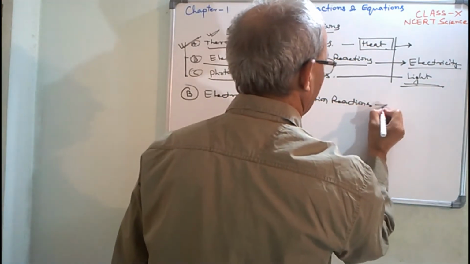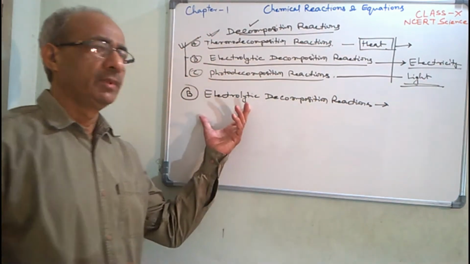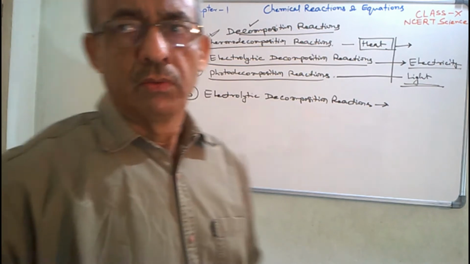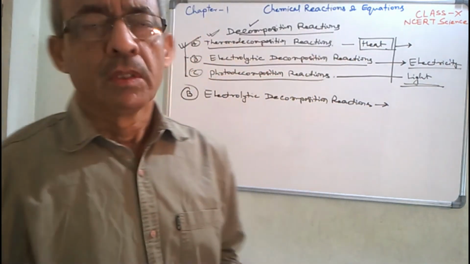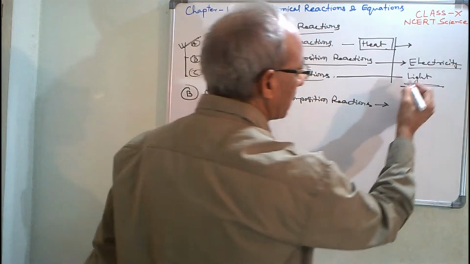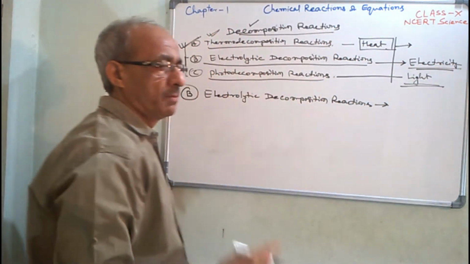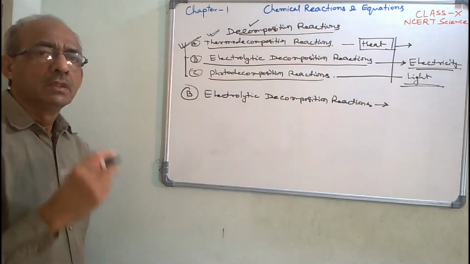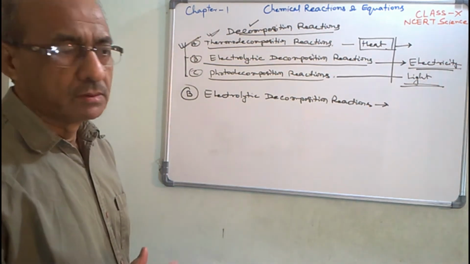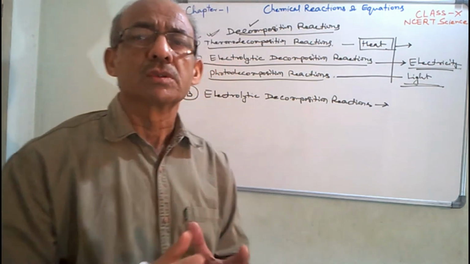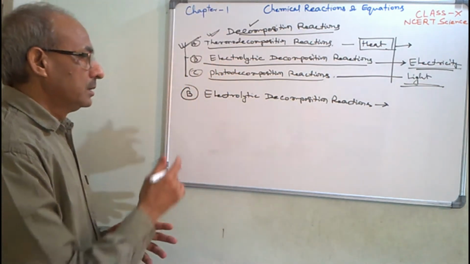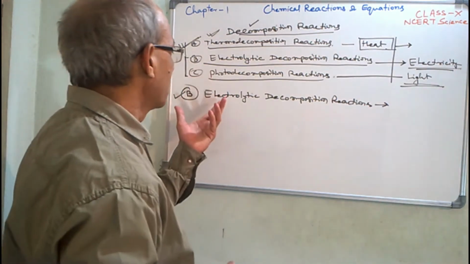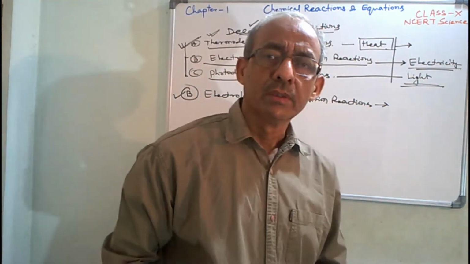As I told you, the chemical reactions which require energy in the form of electricity to split or decompose a particular substance into two or more substances are called electrolytic decomposition reactions.